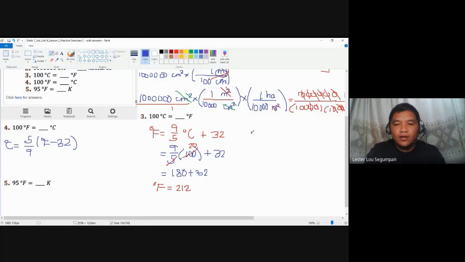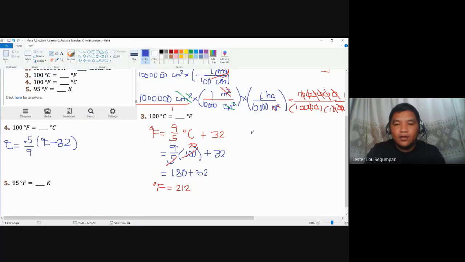100 degrees Fahrenheit. So you have 5 over 9, then you have here 100 minus 32. Let me extend some spaces here so that I could also move down item number 5. So you'll have here 5 over 9 times 68, if I'm correct. 100 minus 32 is 68.